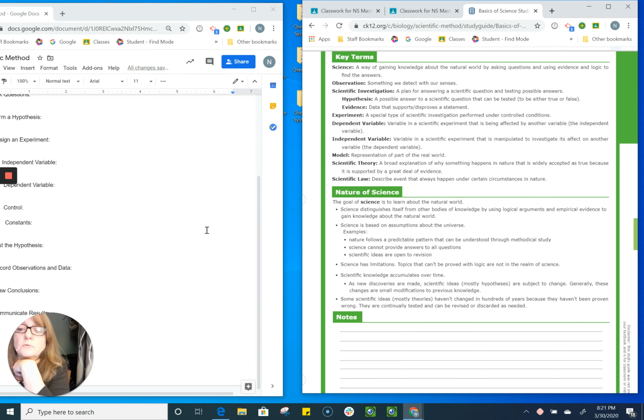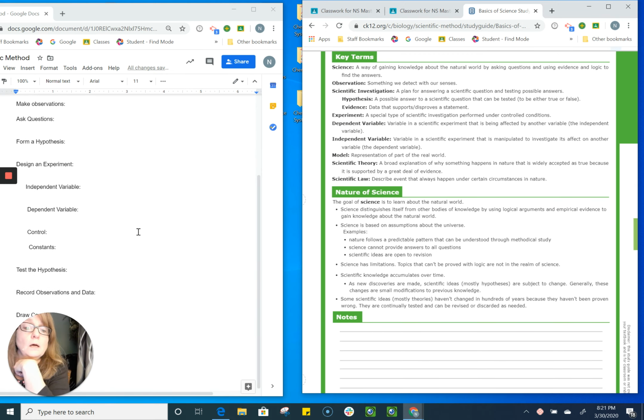which you can use to answer the study guide over here. Ask questions. You can just give me an example. Form a hypothesis, a possible answer to a question. Experiment, a special type of scientific investigation. There's the definition for dependent and independent variable.